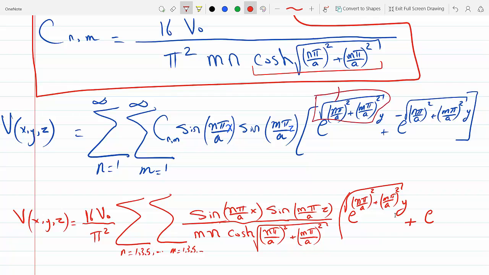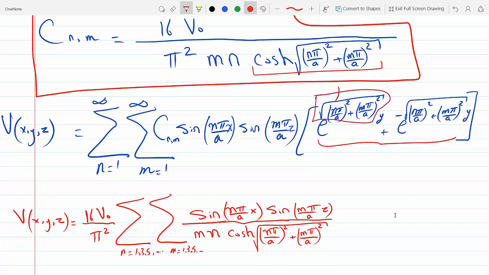plus e. I could write this as a cosine hyperbolic. So this whole term will be 2 times cosine hyperbolic the exponent, because it's e to the alpha plus e to the minus alpha. That gets you 2 cosine hyperbolic alpha.